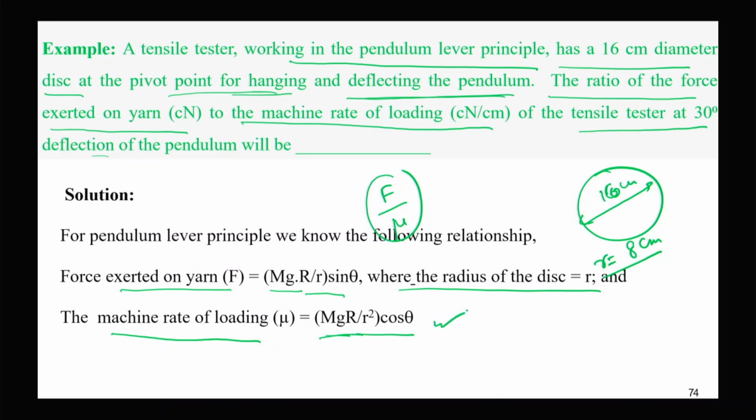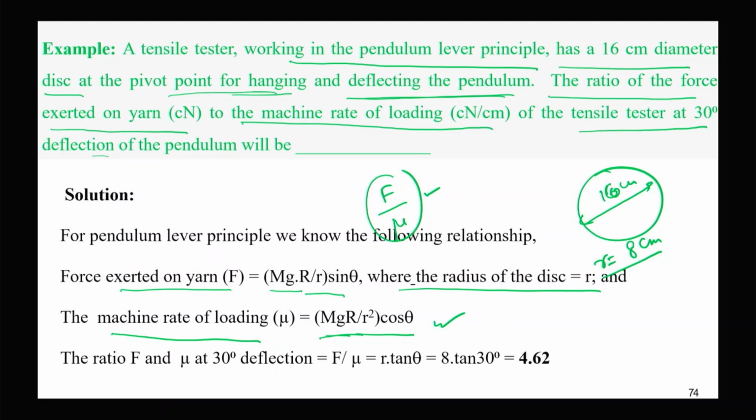That we have already seen in the derivation. So if you calculate the ratio, F by mu will become r tan theta. r is 8 and theta, the angle of deflection, is 30 degree. So r tan 30 will be 4.62.